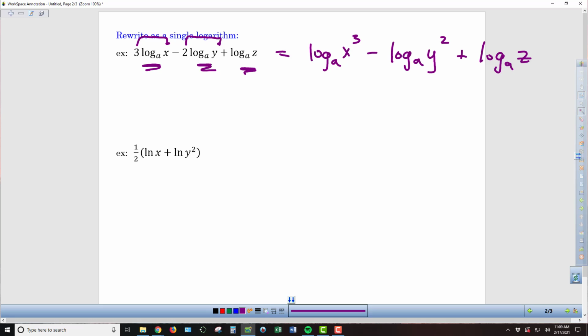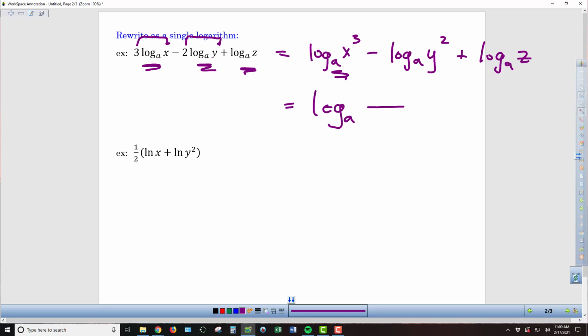And so now we've got this collection of logs that are being added and subtracted, so we can combine them into a single logarithm of base A, with anything that's positive going to be in the numerator of my expression inside the logarithm, and anything that's negative is going to end up in the denominator.